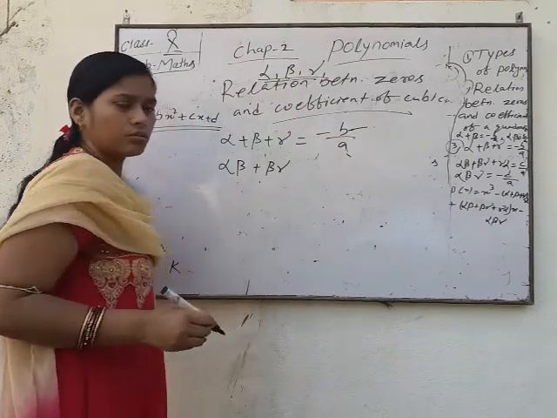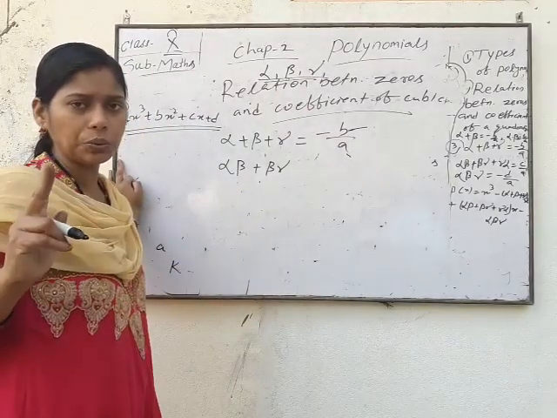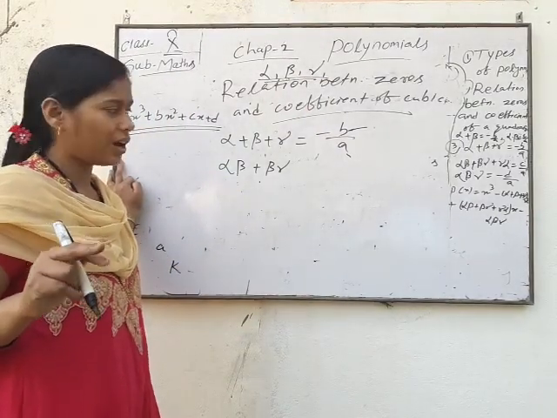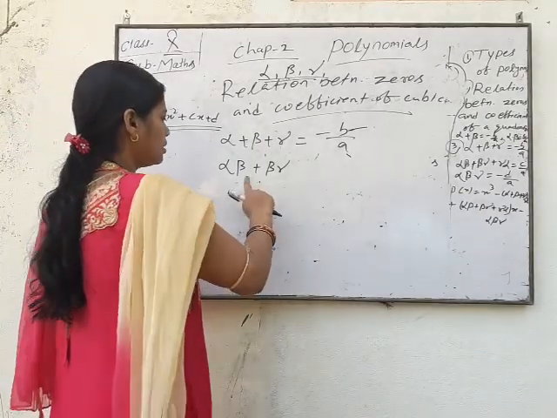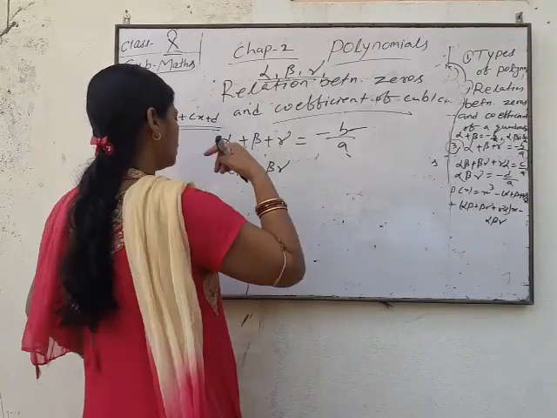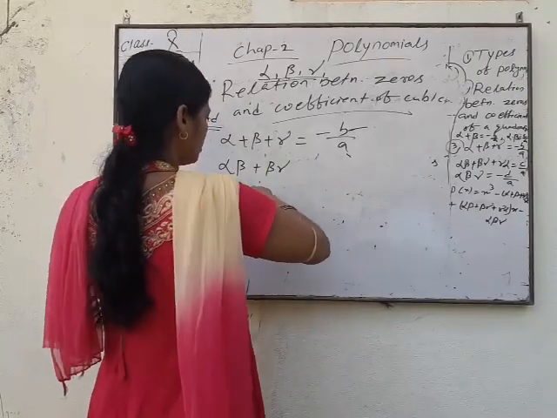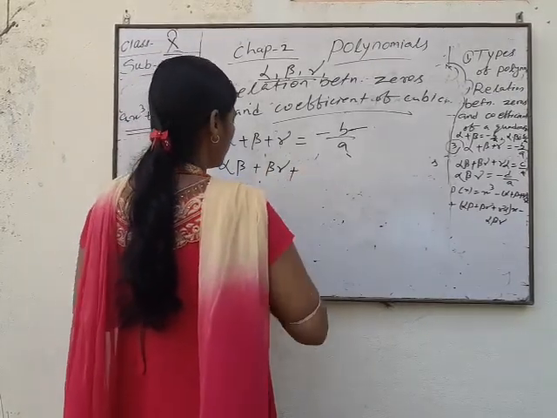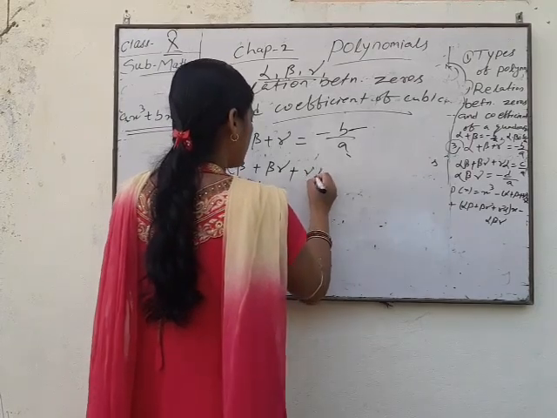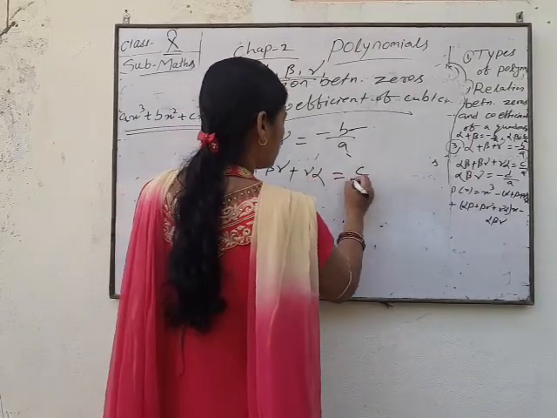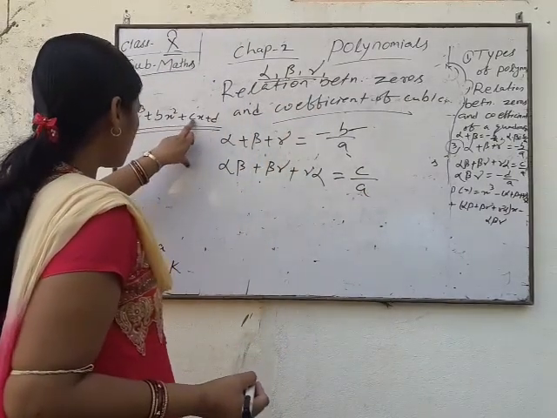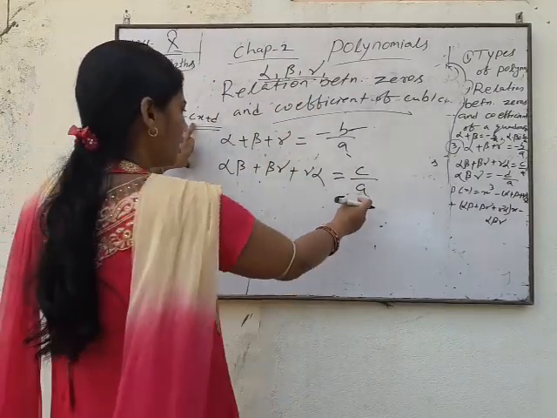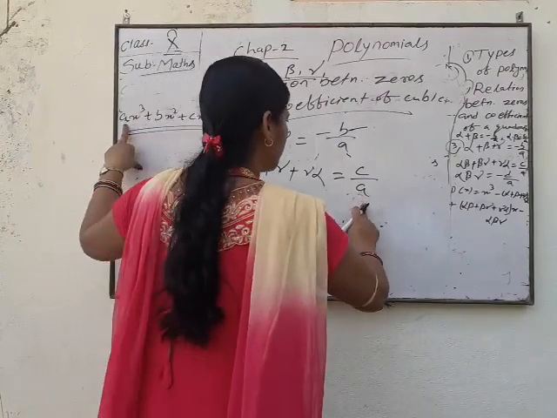Just like in a quadratic there are two zeros, alpha and beta. If there is a biquadratic, there are four zeros. So alpha into beta plus beta into gamma plus gamma into alpha is equal to c by a, where c is the coefficient of x and a is the coefficient of x cube.